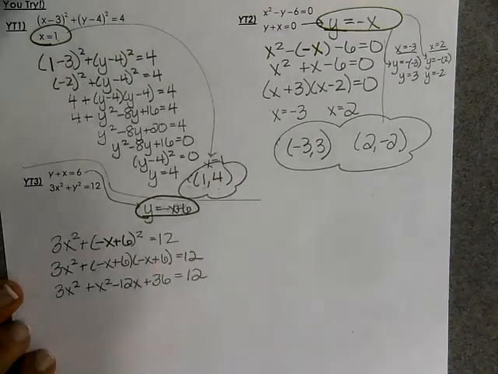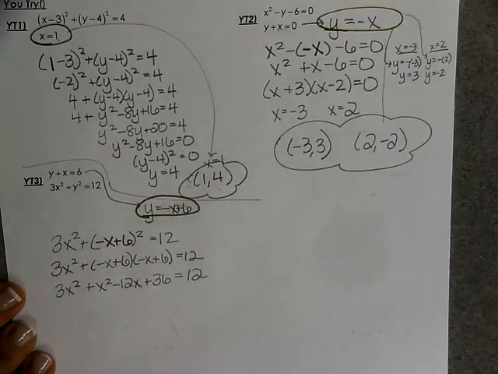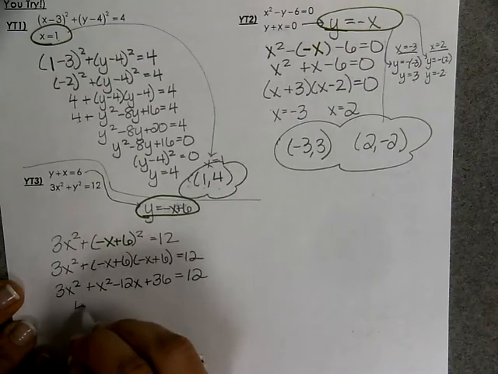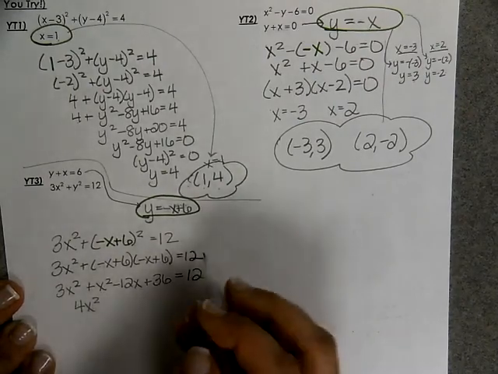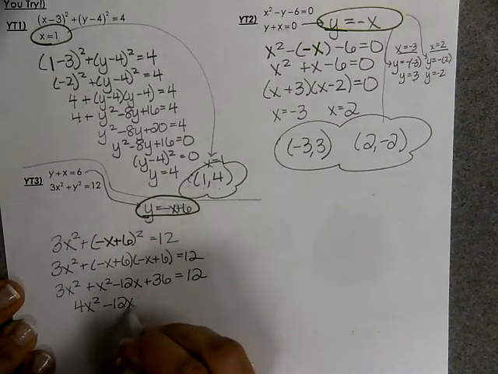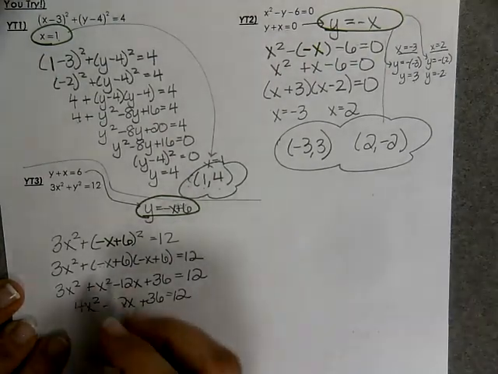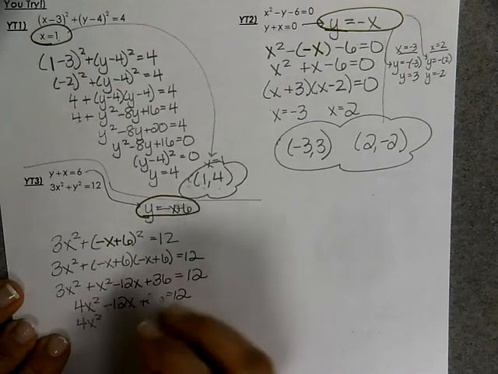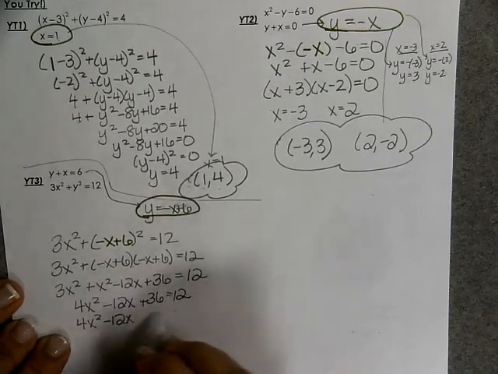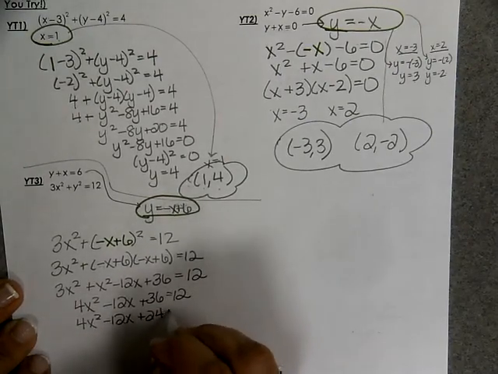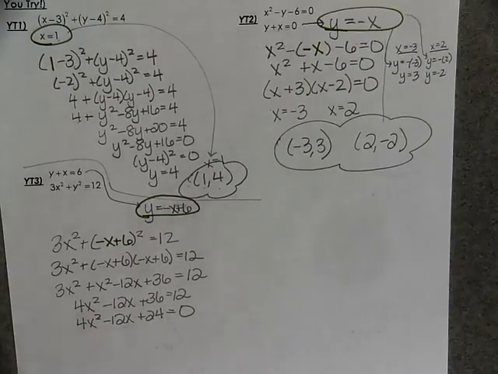And then I still have that equals 12. So I can combine like terms. 4x squared minus 12x plus 36 equals 12. And then I have 4x squared minus 12x, if I get one side equal to 0, plus 24 equals 0.